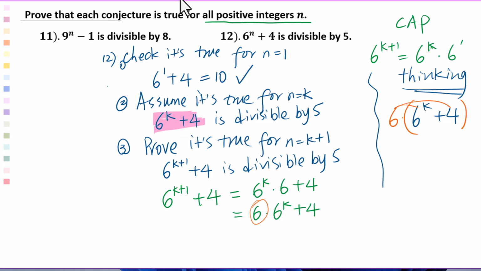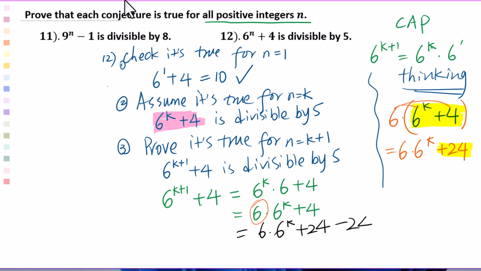Let's do the distributive property: 6 times 6 to the kth power plus 24. We need to add 24 to create 6 to the kth power plus 4, so it equals 6 times 6 to the kth power plus 24. Then you have to minus 24, then plus 4.